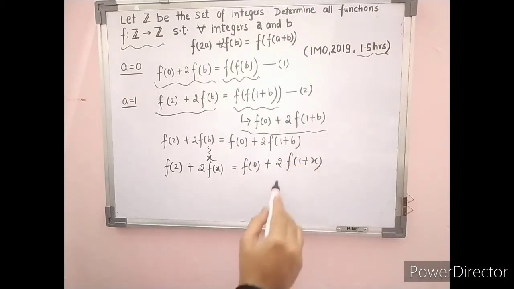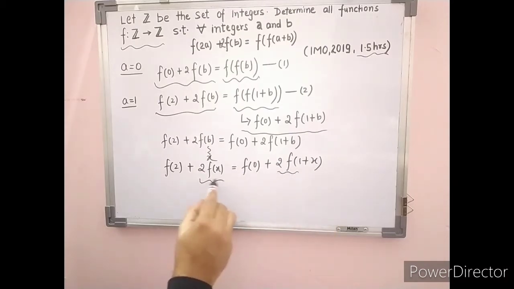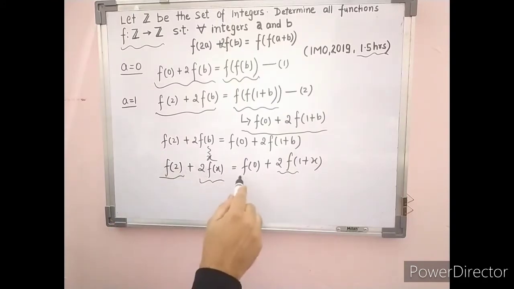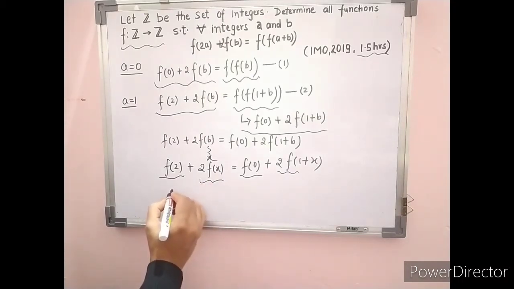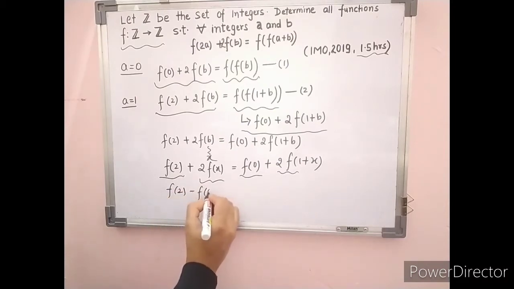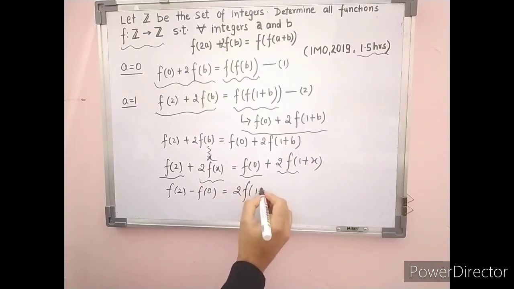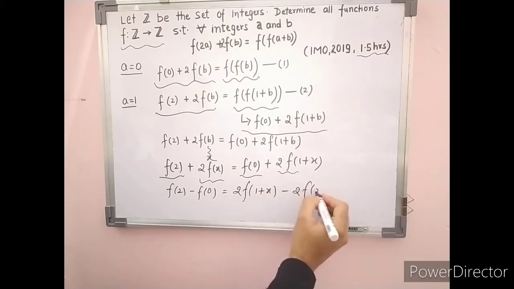Now see, here a term contains twice of something, here also we have a term twice of f(x). Here it is without any coefficient, and here also without any coefficient. I mean to say that both the coefficients are 1. Okay, so we can write it as f(2) - f(0) = 2f(1 + x) - 2f(x).